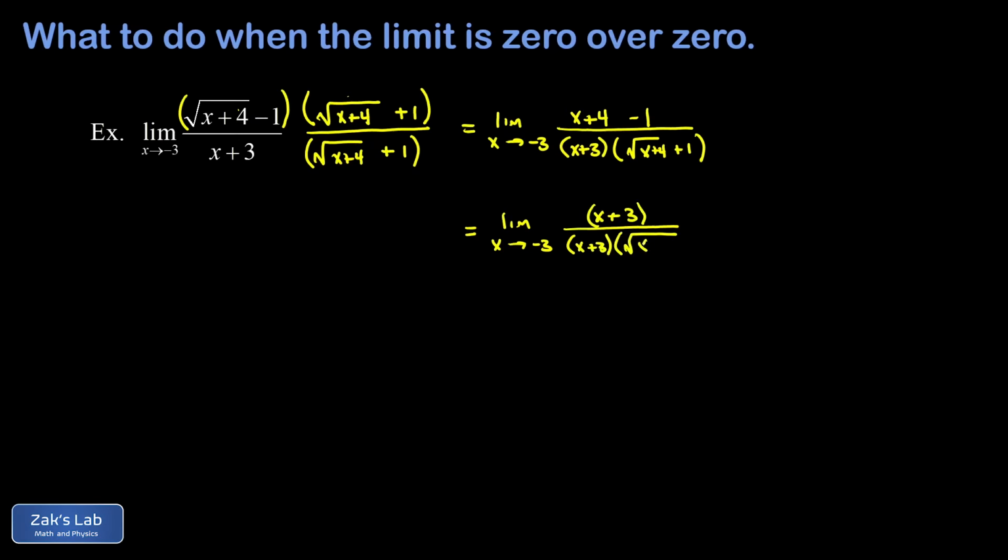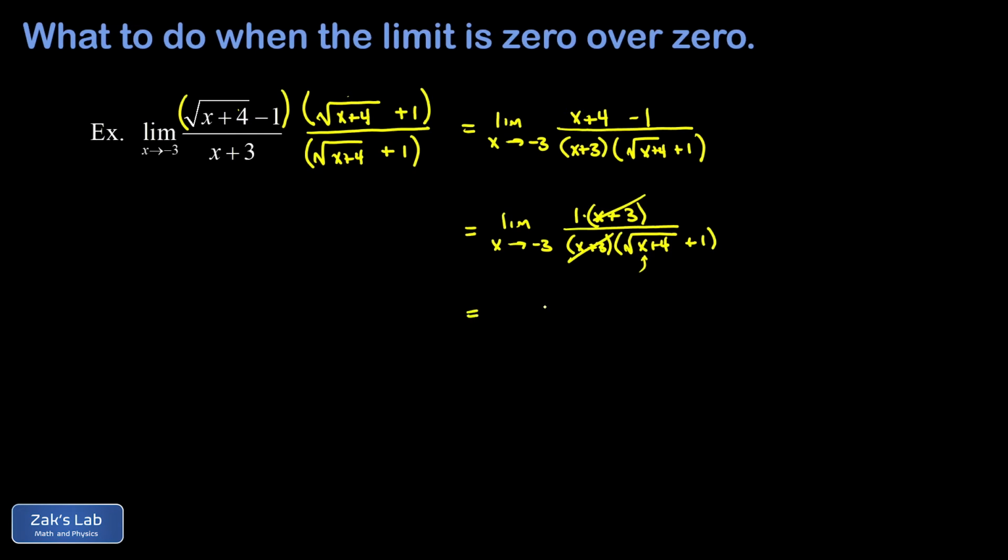And we're also carrying another factor in our denominator, square root x plus 4 plus 1. So the x plus 3's cancel out. That leaves us with a factor of 1 in the numerator. And now if I check the idea of directly substituting negative 3 for x in this denominator, that just gives me a square root of 1 plus 1, which is 2.